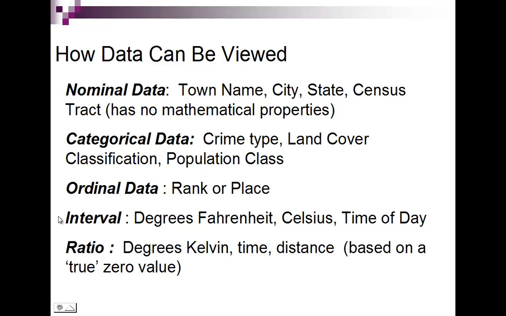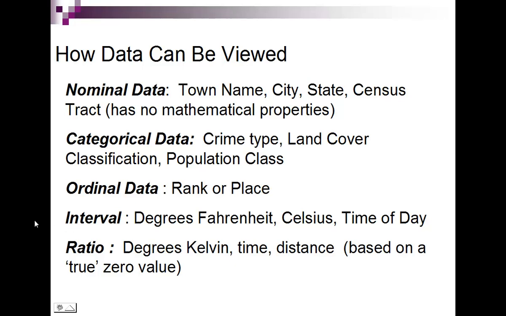When we look at numerical data, interval data versus ratio data, one is based on a true zero, one isn't. So with ratio data, if we have a population of 1,000, I can say the one with a population of 2,000 is twice that. When we look at degrees Fahrenheit, if it's 50 degrees out, I can't say it's twice as warm out if it's 100 degrees, because we can go below 0 for degrees Fahrenheit.